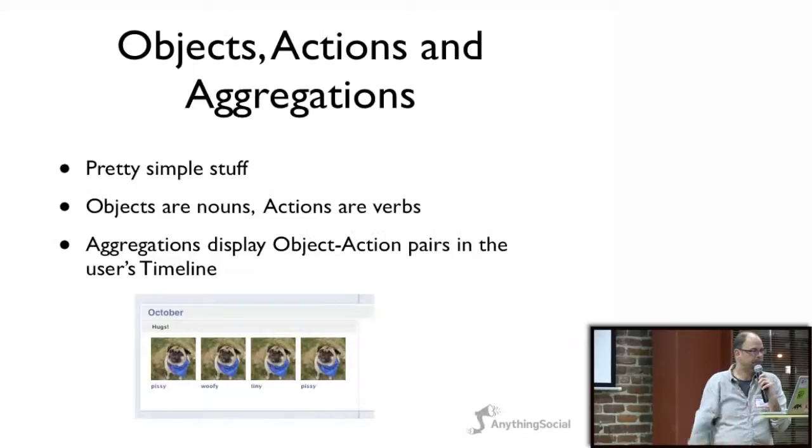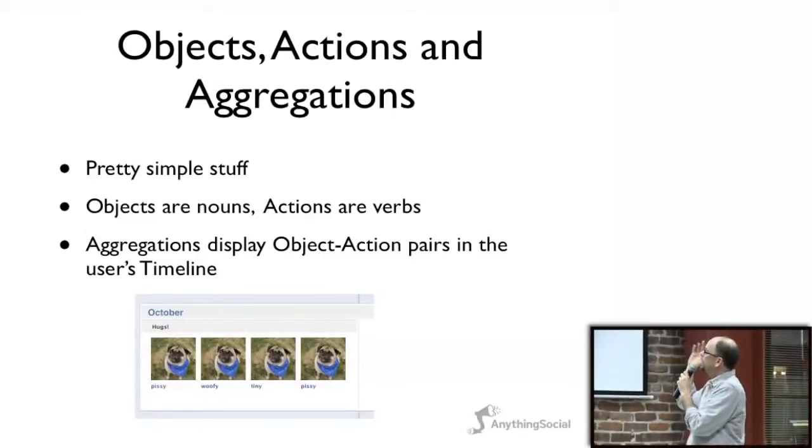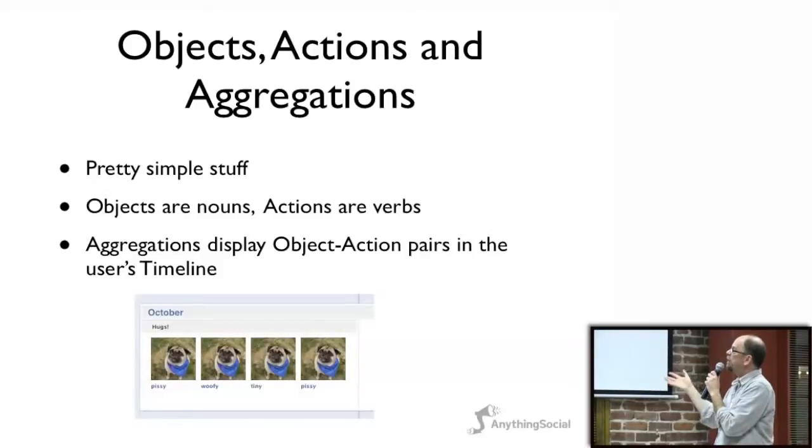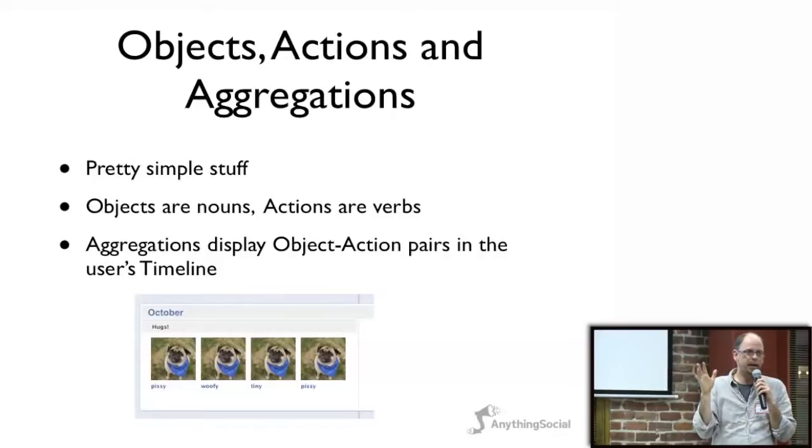All right, now let's talk about the major pieces. There's objects, actions, and aggregations. Really, really straightforward stuff. It's best, I think, to grasp them in terms of what they are to us. Objects are nouns, actions are verbs.